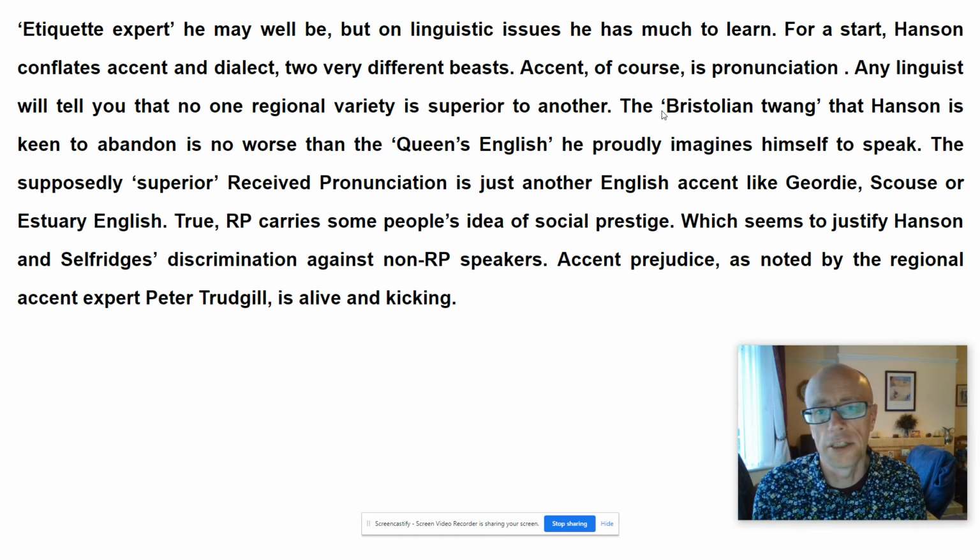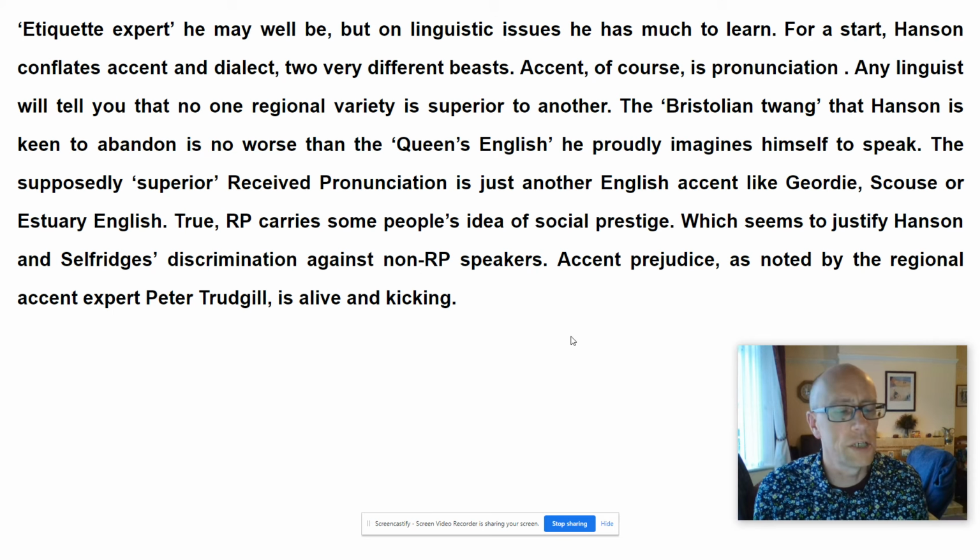There's the difference between accent and dialect being explained, and then the point that a linguist would say that actually no one accent is linguistically better than another. Sure, some accents seem to carry some kind of social prestige, but purely from a linguistic point of view, RP is no better or no worse than Geordie or Scouse or any other kind of accent.